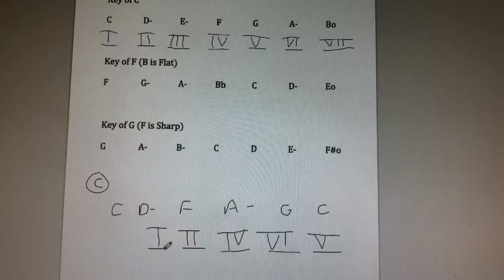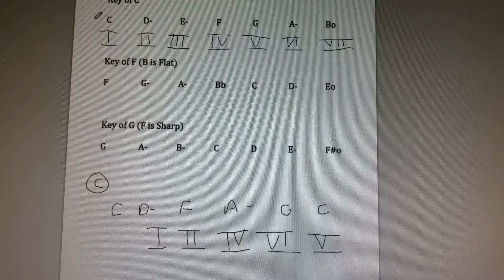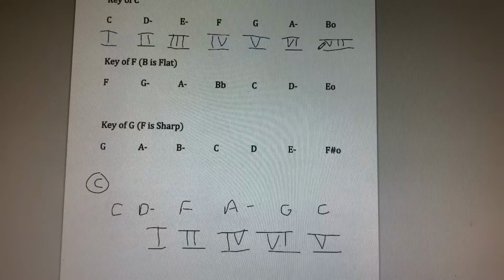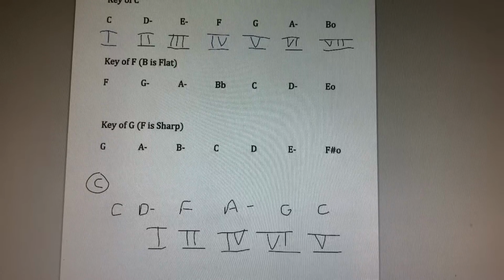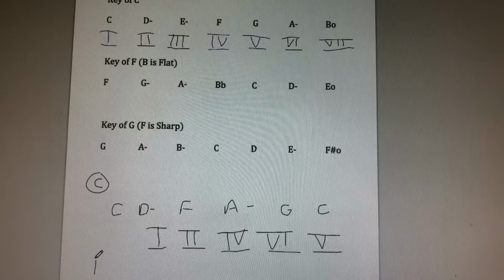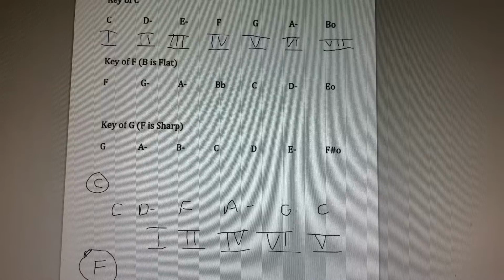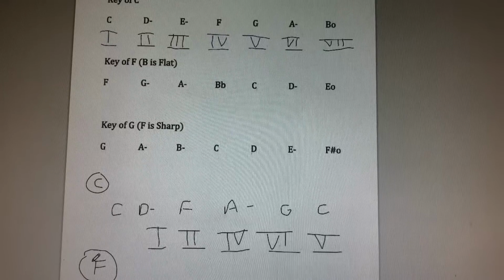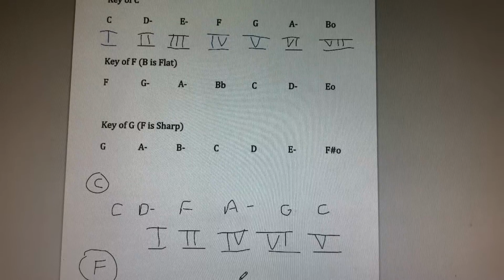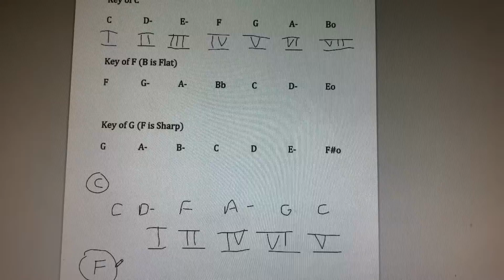Now that you know it's a 1, 2, 4, 6, 5 progression based on the diatonic scale degrees and how the chords are laid out in that key, if someone says to you, hey, I can't sing it in C, let's do it in F, well, then for you, that's no big deal because you understand the harmonic analysis. So you can instantly transpose this progression from the key of C into the key of F.